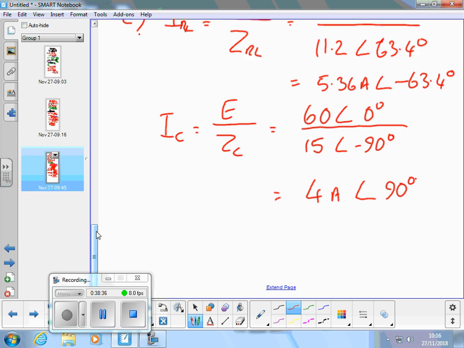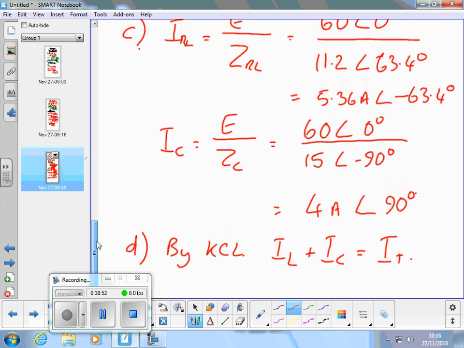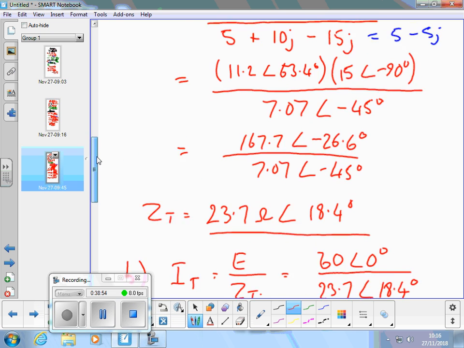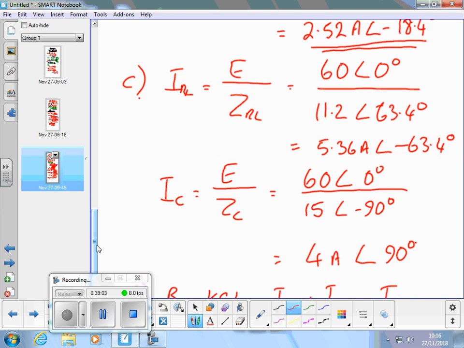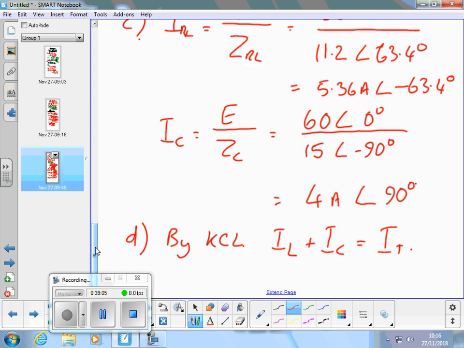So part D, by Kirchhoff's current law, IL plus IC equals the total current. At the moment, our total current is 5 something amps, wasn't it? No, 2.52 amps. We add together 5.36 and 4, we certainly don't get 2.52.